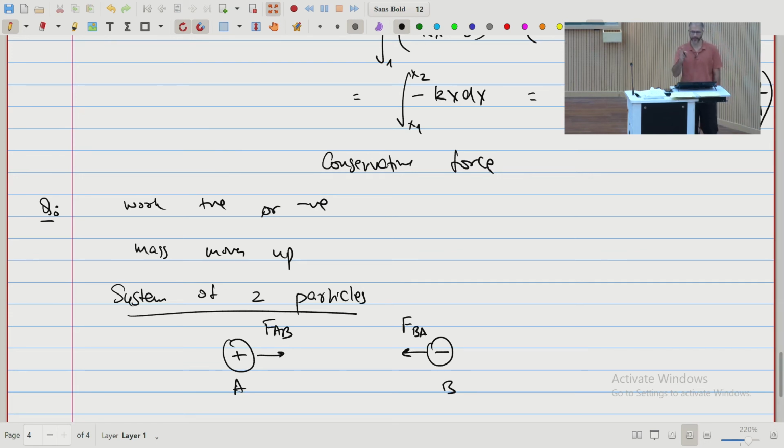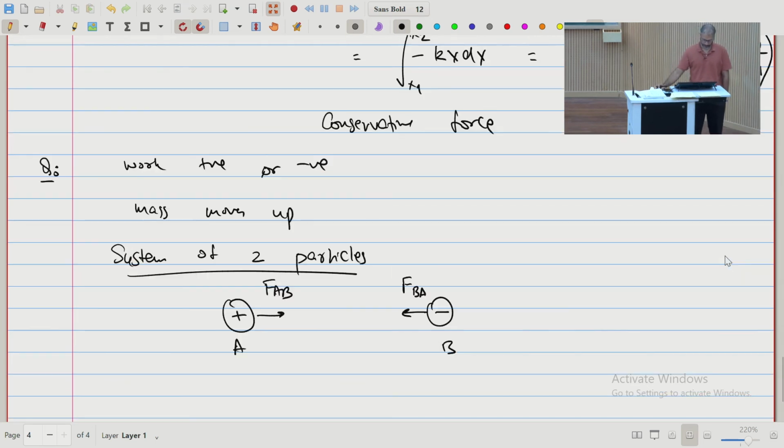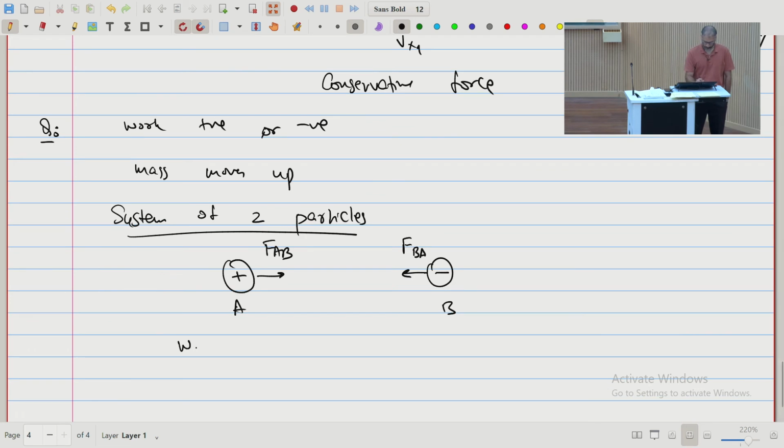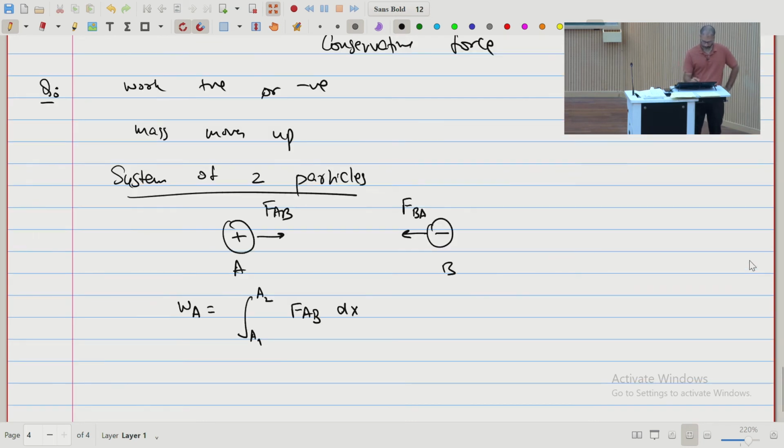And we know how FAB and FBA are related. Newton's third law. The work done on A by this force is, so A goes from A1 to A2 under the action of force FAB, and displacement is dx. Similarly, the work done on B by the force FBA is this.